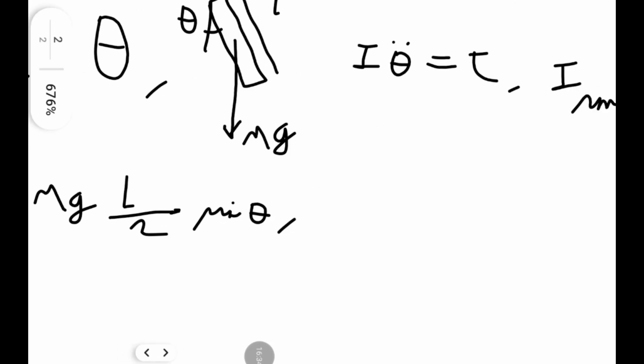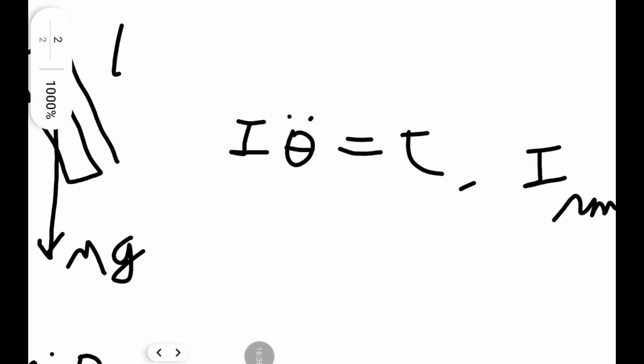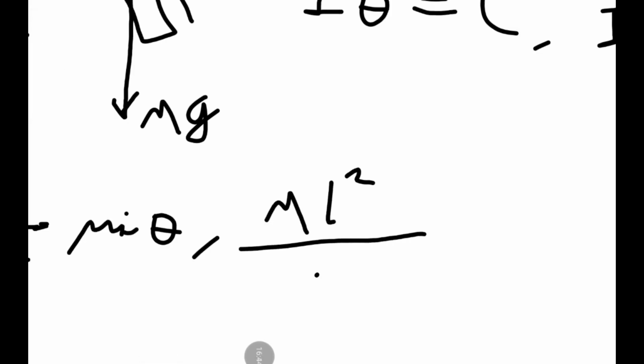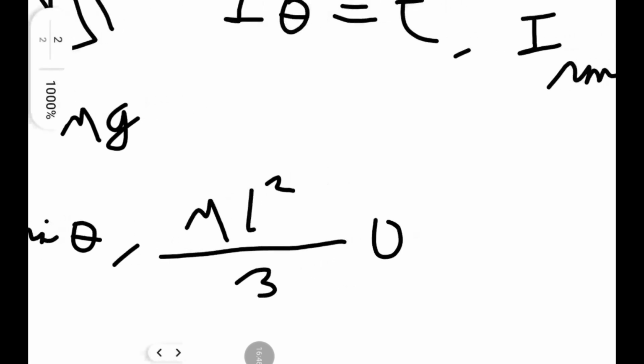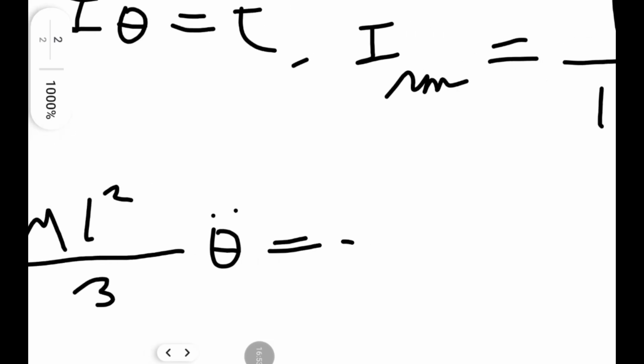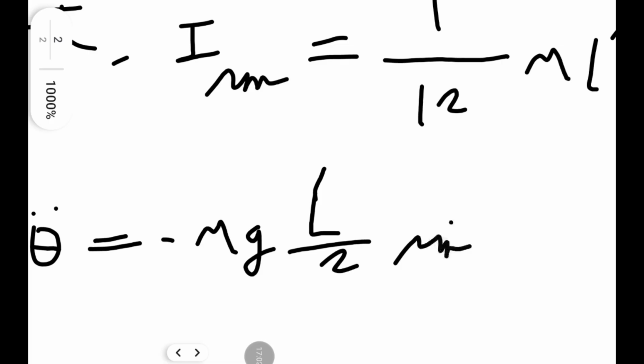And therefore, we can now get the full equation for it. Remember, I theta dash dash, and we know I is ml squared over 3, so ml squared over 3 theta dash dash is equal to the torque, which is minus mg L over 2 sine of theta.